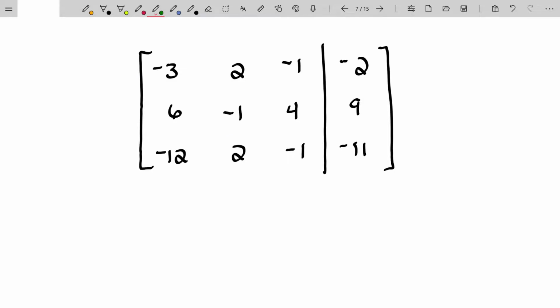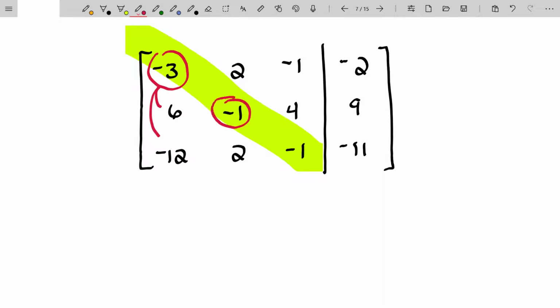So again, I start with my eyes on that main diagonal, and then I will use this element to kill everything below. Then I move to the next main diagonal element and use that to kill everything below. And then I use the next diagonal element, and if there's more equations below, I'd use it to kill everything below.